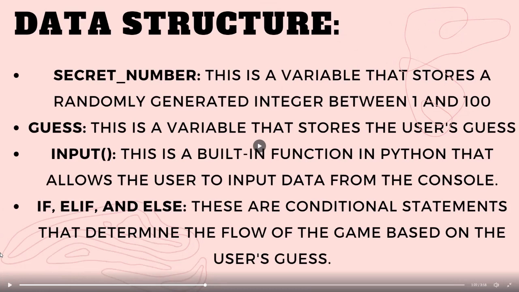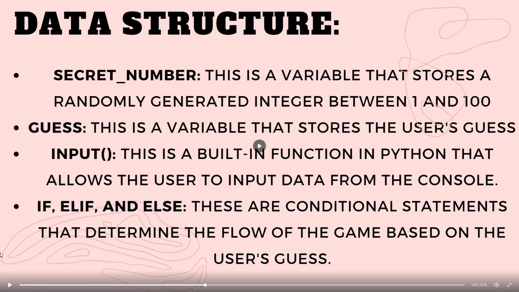If the user's guess is equal to the secret number, the program prints "congratulations, you guessed the right number", and the game can continue or end if the user chooses to. Overall, the code uses simple data structures like variables and built-in functions, as well as control flow statements like conditional statements and loops to implement the game logic.